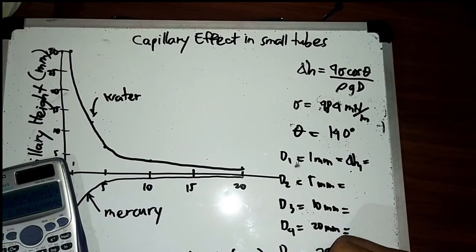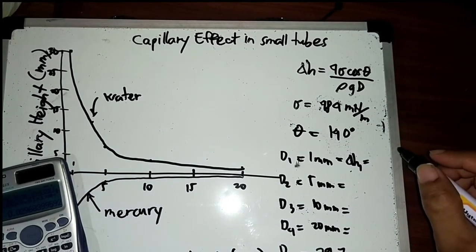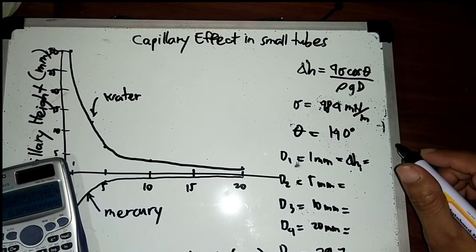Then the diameter of the mercury for delta H less than 1 mm.